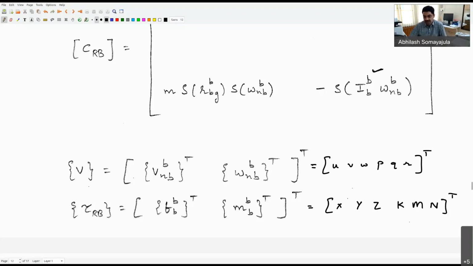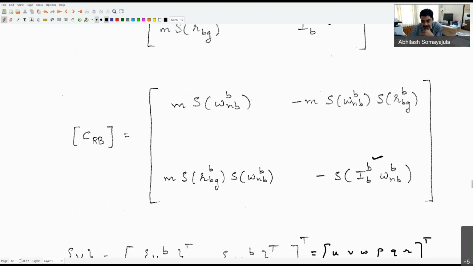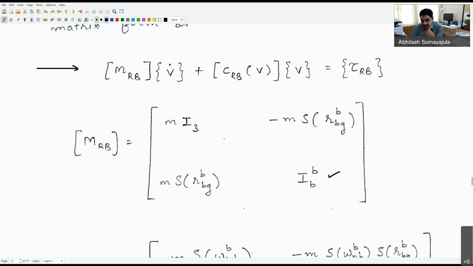Notice that all these quantities are now expressed in the body fixed frame about the axis passing through the body fixed frame's origin. So no longer are we talking about things with respect to the center of gravity, but rather with respect to the body fixed frame, and we are taking moments about the origin of the body fixed frame. Is that making sense?